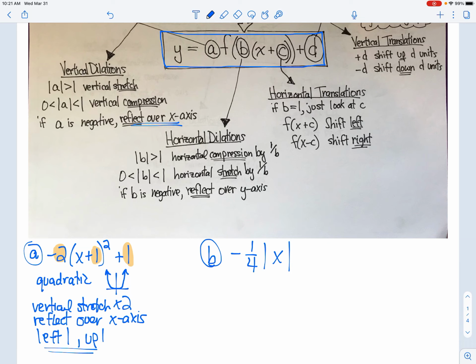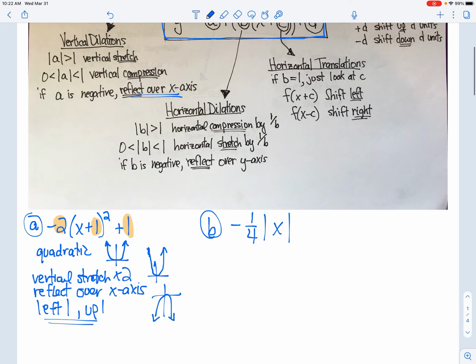There are different techniques to see it visually, or maybe even go through a point-by-point transformation. But this is just to tease out the types of transformations, and you can imagine in your head this quadratic. It's been stretched by 2. It's been reflected over the x-axis. And then I'm taking it left 1 and up 1.